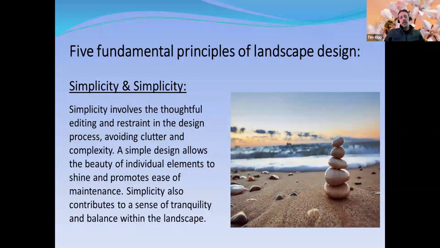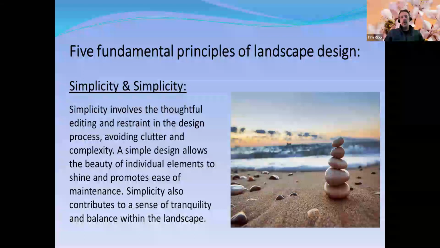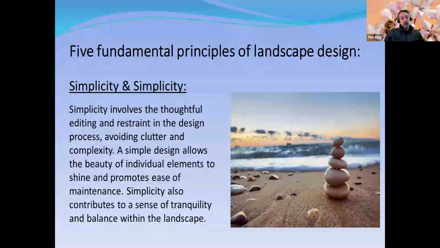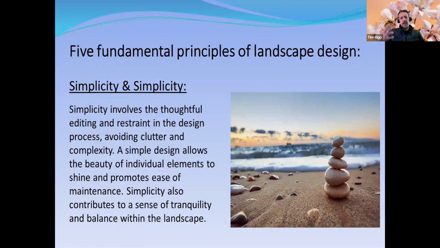And that means maybe we're picking 5 particular plant groupings or plant materials that we want to work with, really emphasize and repeat, versus 25 and having this random mishmash of unorganized but maybe beautiful plant material that doesn't allow your eye to relate the space in a way that feels cohesive. So simplicity, editing, refining your elements really makes a big difference in an overall landscape.